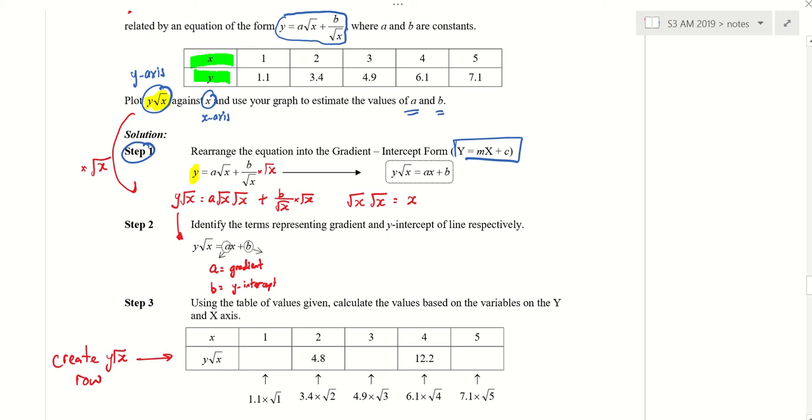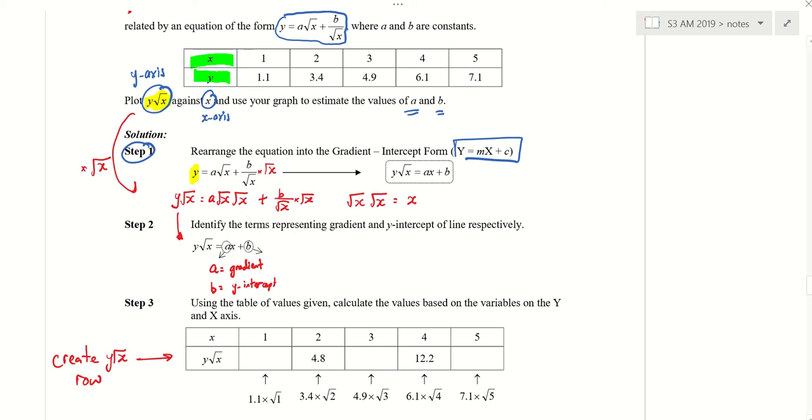Now, since this is a new row, I need to fill in the blanks. I look at the first one. First one, x is 1. So if x is 1, y is 1.1, right? Then I ask myself, what is y times square root x? I take y is 1.1 here times square root 1, which is here.